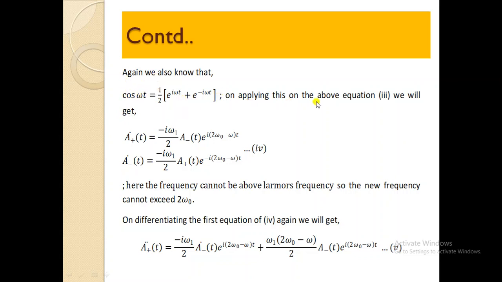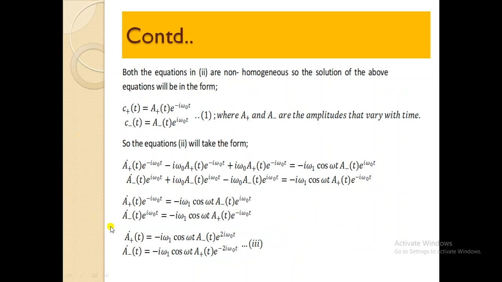Cos omega t equals 1 by 2 of e to the power i omega t plus e to the power minus i omega t. So we have applied that in place of cos omega t. On applying this to the above equation third, what will we get? You can solve this; if you become confused, you can solve it. In place of cos omega t, we have put 1 by 2 of e to the power i omega t plus e to the power minus i omega t.